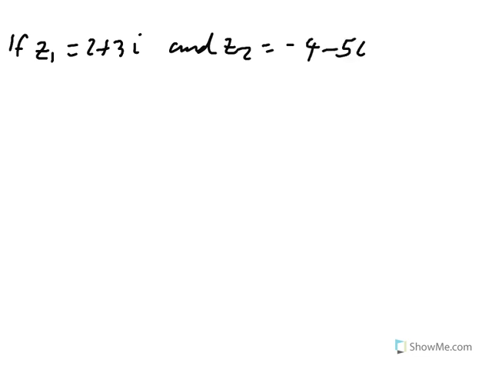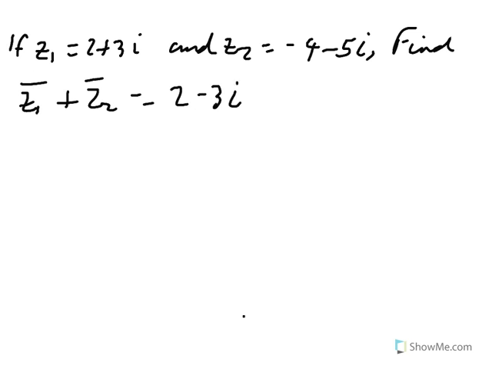Alright, so let's have a look at a couple of examples. If Z1 equals 2 plus 3i and Z2 is minus 4 minus 5i, then there's a whole bunch of different things that we can do. So let's find a few different things. Let's look at Z1 conjugate plus Z2 conjugate. Not too hard. 2 minus 3i would be Z1 conjugate.